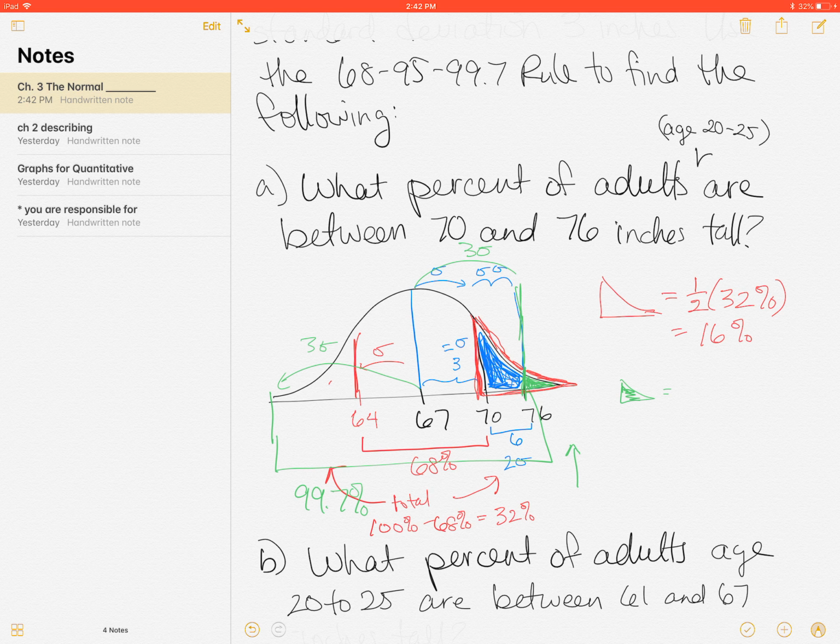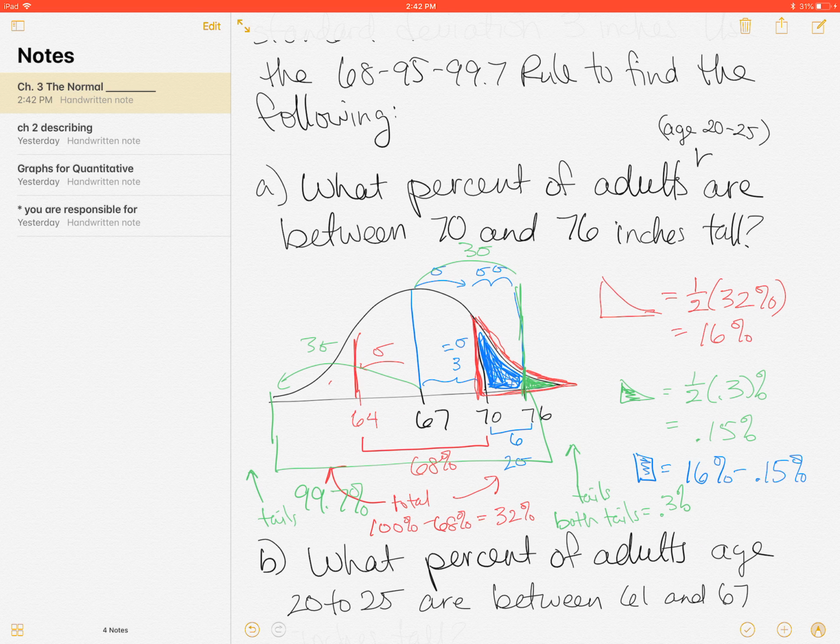That means both tails are going to give us the leftovers from 99.7%, which is 0.3%. So one tail is going to give us half of 0.3%, which is 0.15%.